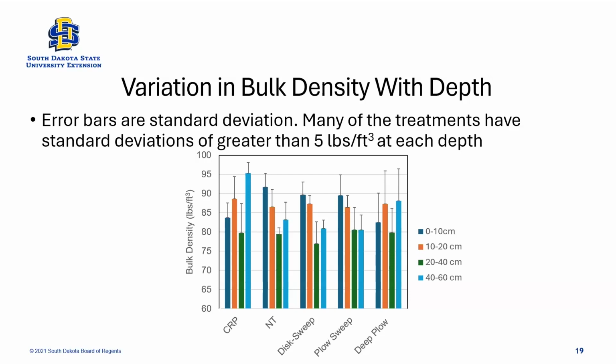But you can see the standard deviation bars on my data are quite large, some of them are over 5 pounds per cubic feet, which can really affect how much carbon stock is stored in the soil.